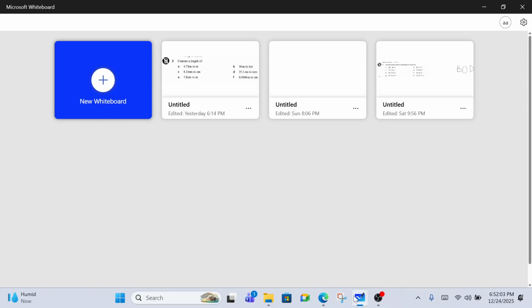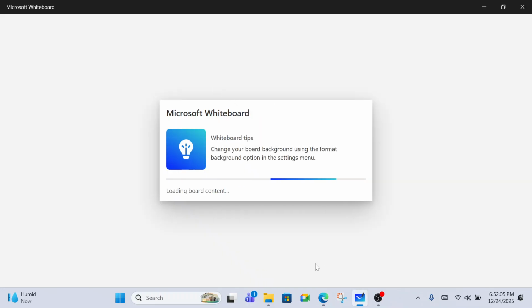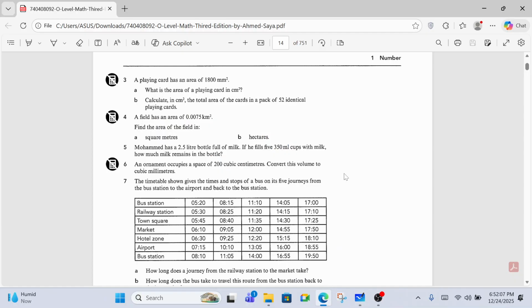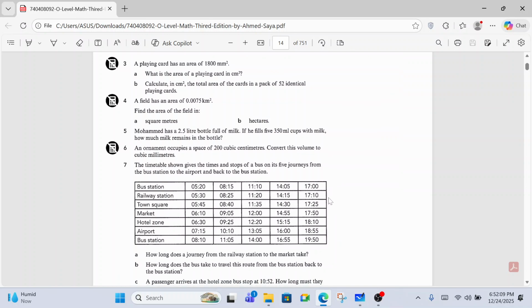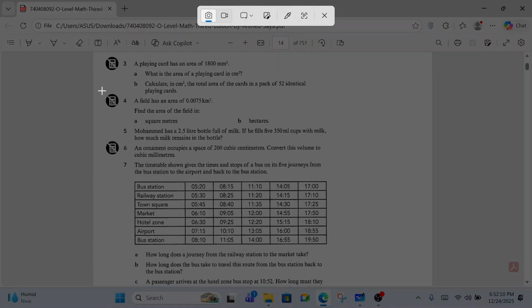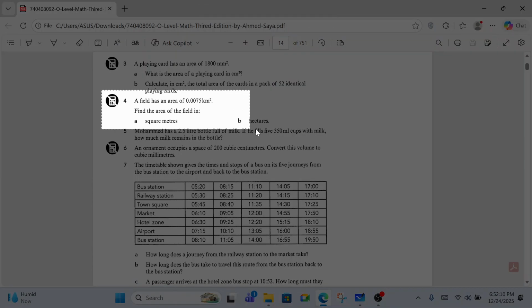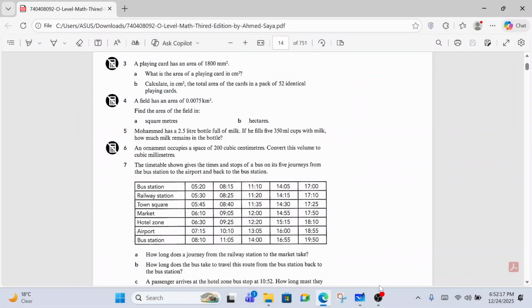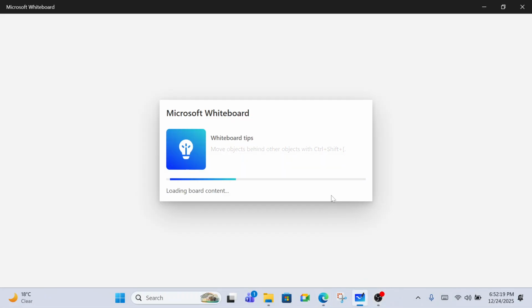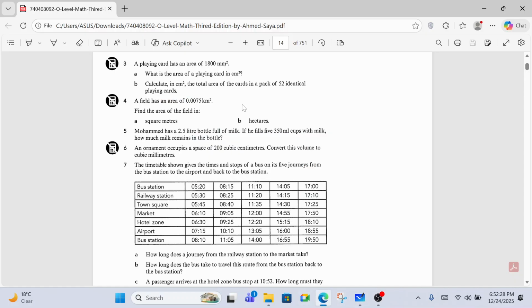Okay, let me open up my whiteboard and let me copy today's question. Also, for question number 4, you are not allowed to use a calculator since it is a non-calculator part. Seems to be my whiteboard still loading. It's taking a little while.